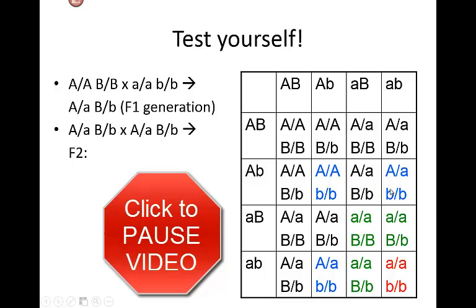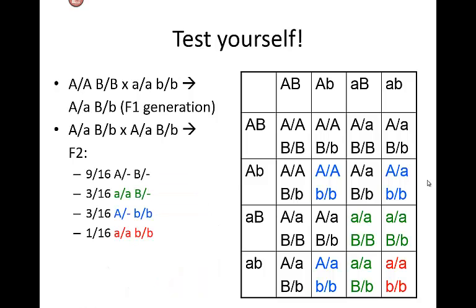And what you can see is I've highlighted in some different colors here the different combinations you would expect to get from this particular cross. If you count them up, you would see that 9 out of 16 of them are going to have at least one capital A and at least one capital B, meaning that they're going to be dominant for both traits.